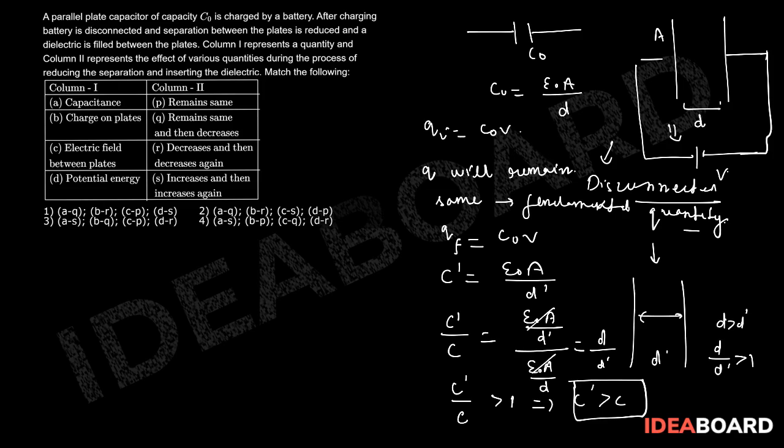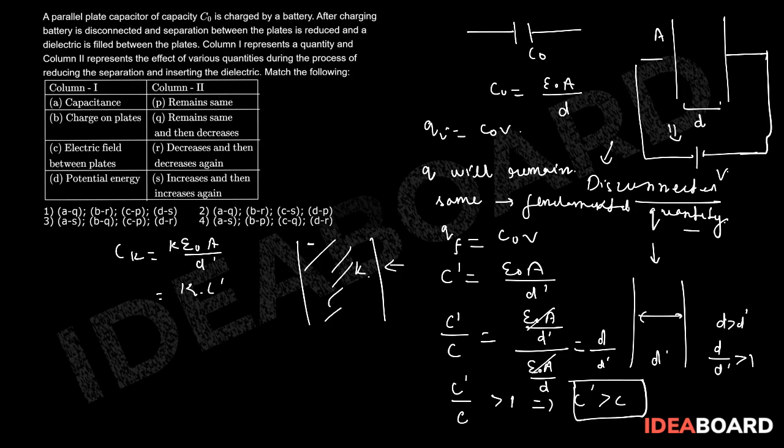And now from there they have introduced a dielectric slab. Okay, a dielectric constant K slab is there. So obviously Ck will become K epsilon naught A by D dash, so K into C dash.